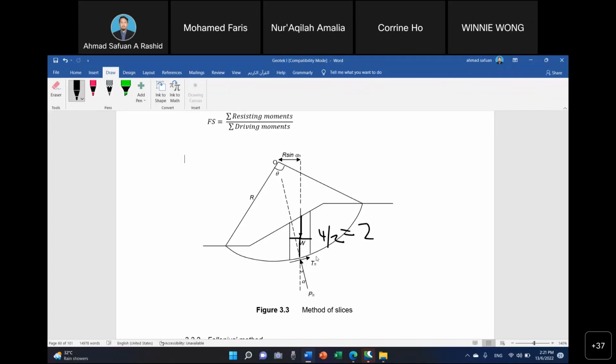Once you get the center, extend the center downward. The next step is to create a line from the center point.